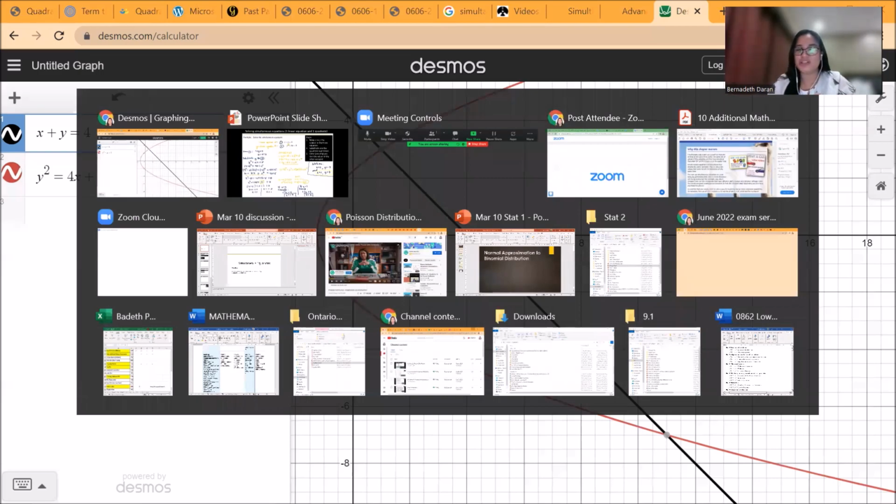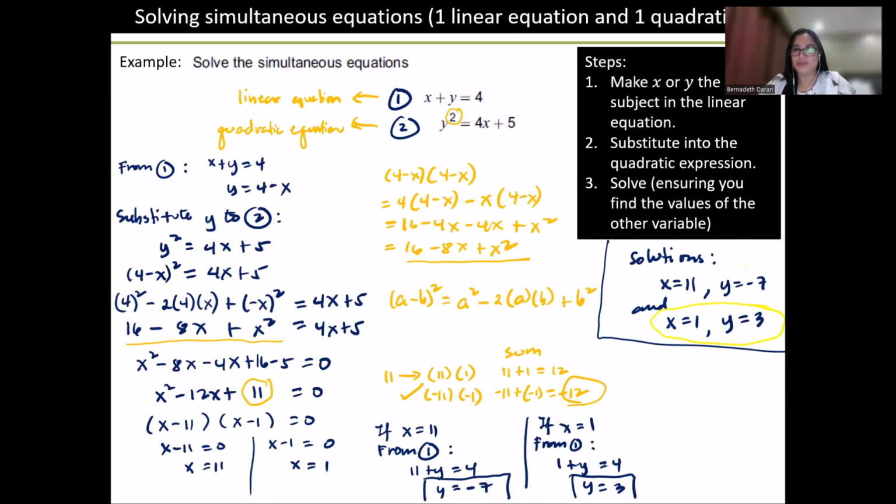And what's our solution? The other solution is x is 11 and y is -7. All right? So as you can see, even though we graph them or we do algebraic manipulation using substitution, we will arrive at the same solutions.